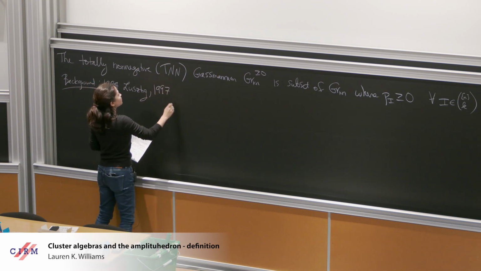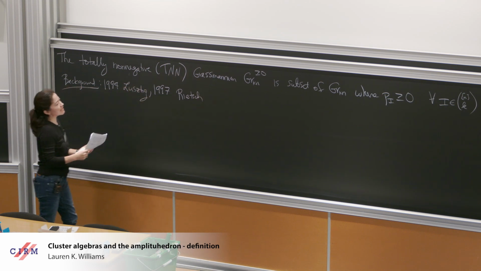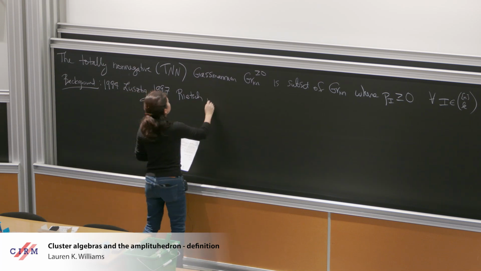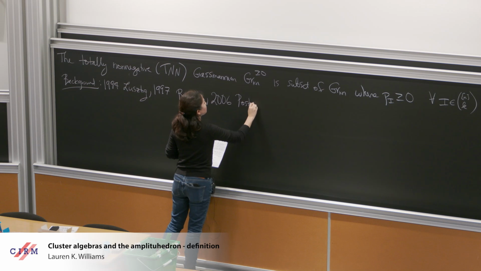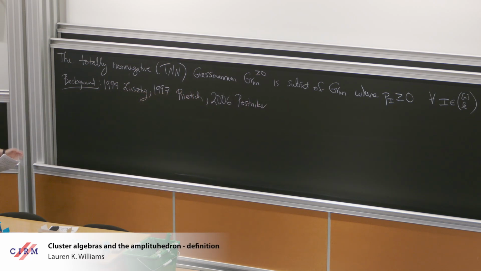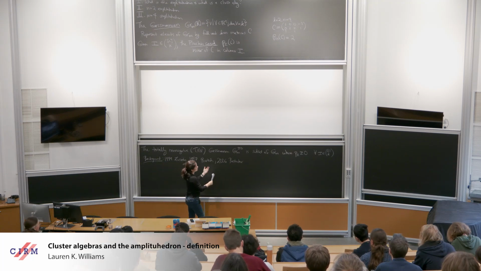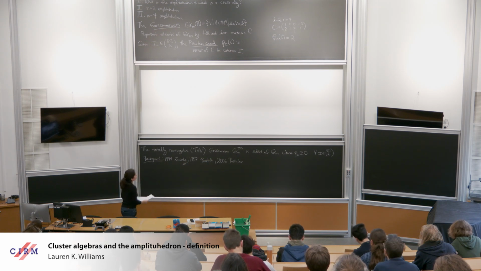And then there was follow-up work by Konni Rietsch, in which she gave a cell decomposition for the non-negative part of G mod P. And then there was this very influential preprint of Postnikov in 2006, where he discussed the special case of the Grassmannian and worked out a beautiful indexing set for the cells.